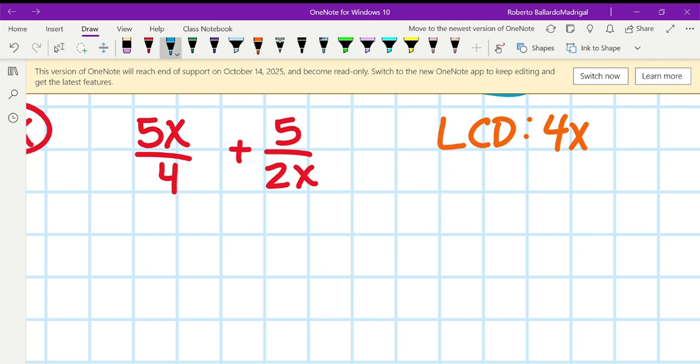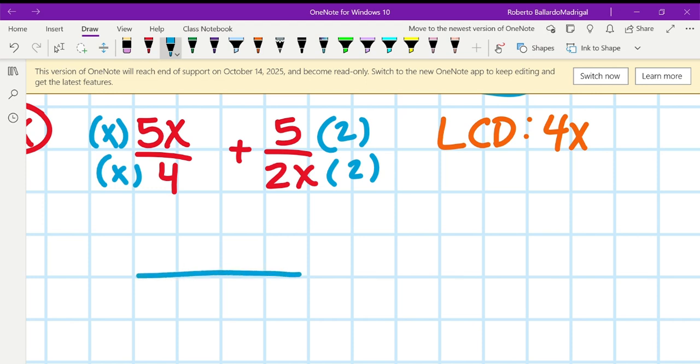So then what must we multiply the first fraction by to get a denominator of 4x? I multiply by x over x, and then I multiply this by 2 over 2, right? Because our goal is to get a common denominator.